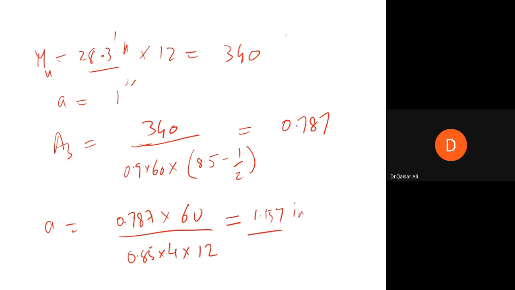Although the difference is not too much, we will do another trial to see what happens. So for the other trial, we will use small a equal to 1.157.